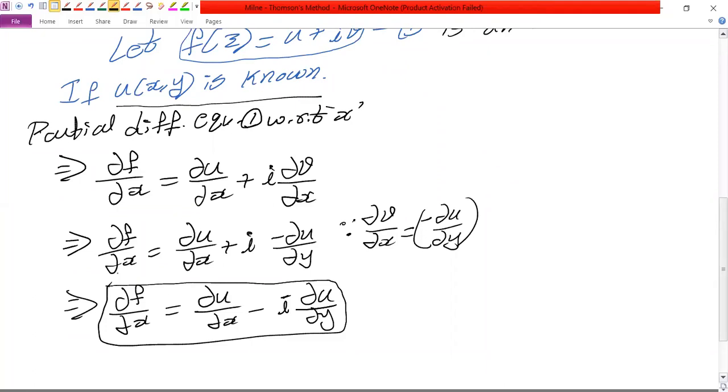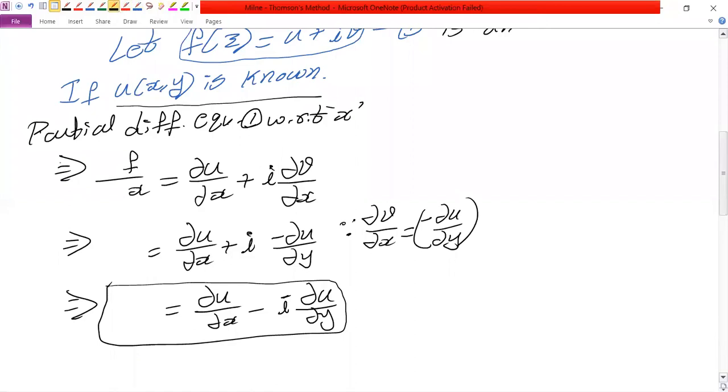I'll tell you later how we are going to get f dash. So I'm changing this statement like this: df by dx equals to this thing.